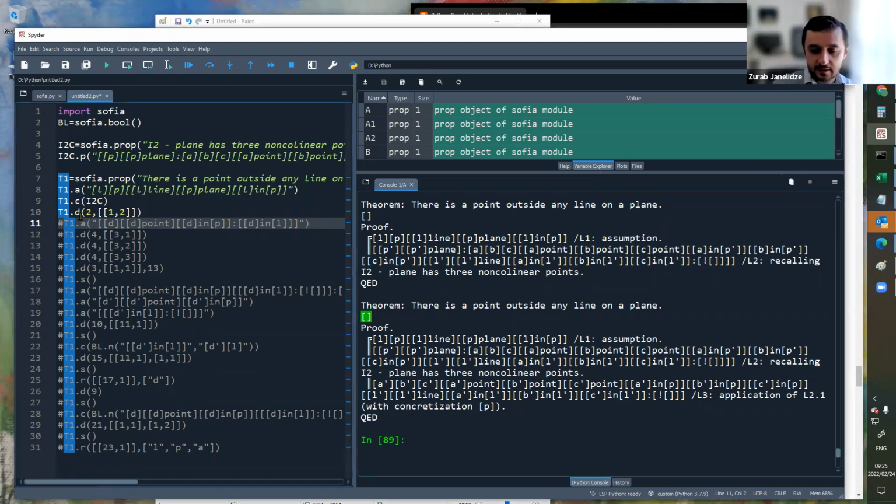Let's look at the next line. On the side of the code, we see here that this will be an assumption, right? Because we have dot A. And what does the assumption say? It assumes there is a D that's a point that lies on P. No, not quite, because then there is a colon, right?